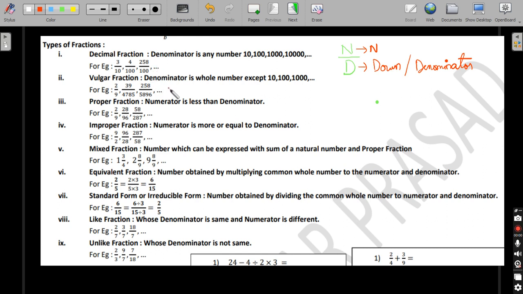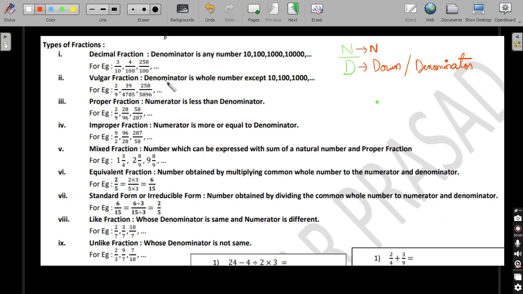After that, vulgar fraction. Vulgar means what in English? Any irrelevant thing is known as vulgar. So any type of fraction where the denominator is anything except 10, 100, 1000, 1 lakh, meaning it should not be in the form of 1 followed by zeros, should not have any such sequence.